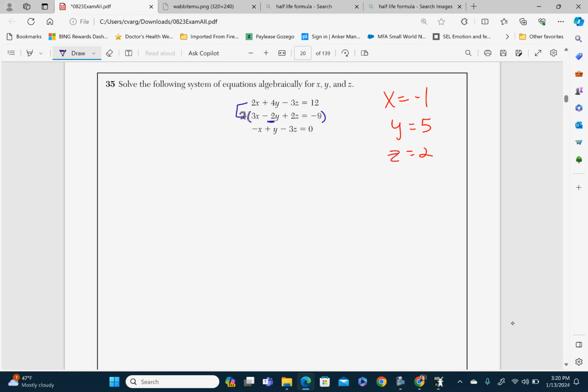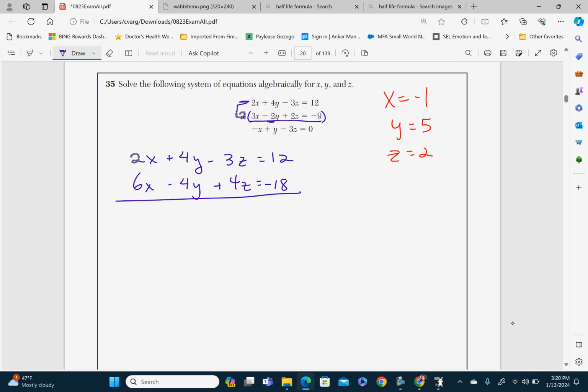So the top one right here stays the same, 2x plus 4y minus 3z is equal to 12. But the second equation, I'm going to multiply that by 2. So that's going to give me 6x minus 4y plus 4z is going to equal -9 times 2, which is -18. Now, why did I do that?